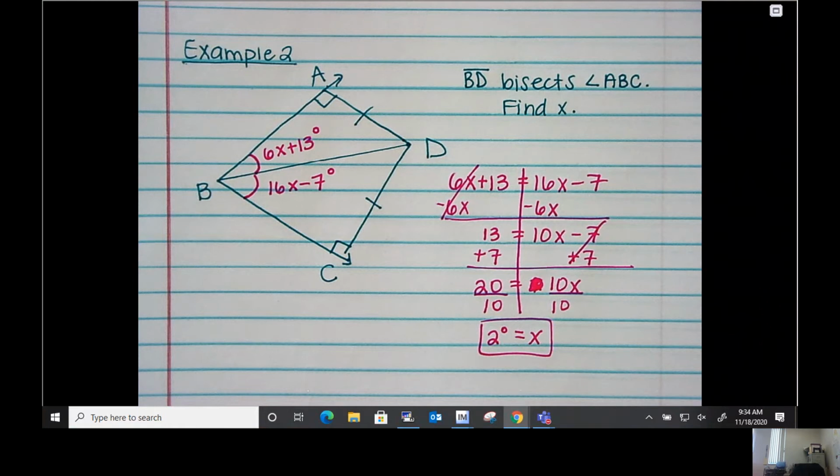All your x's to one side, all your numbers to the other side. Leave your smallest x first, always. It'll make your life easier. And remember, you're talking about an angle. So you should have what with your answer? If it's an angle. A degree symbol.